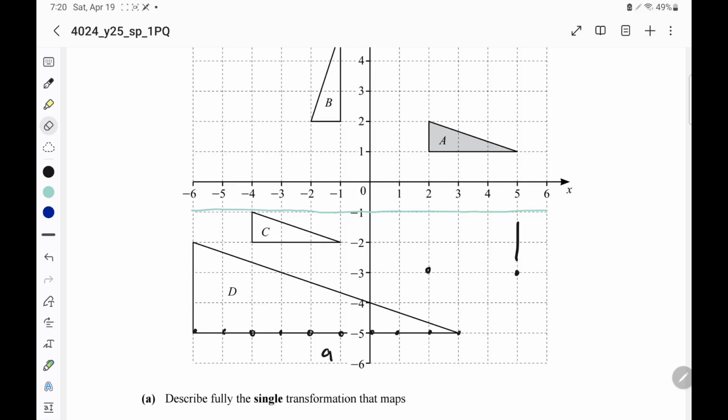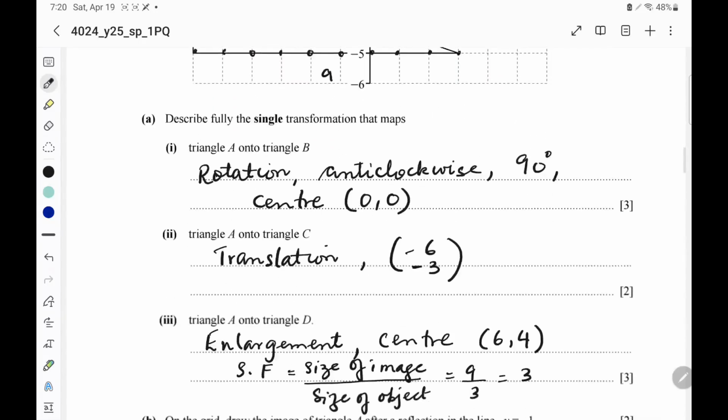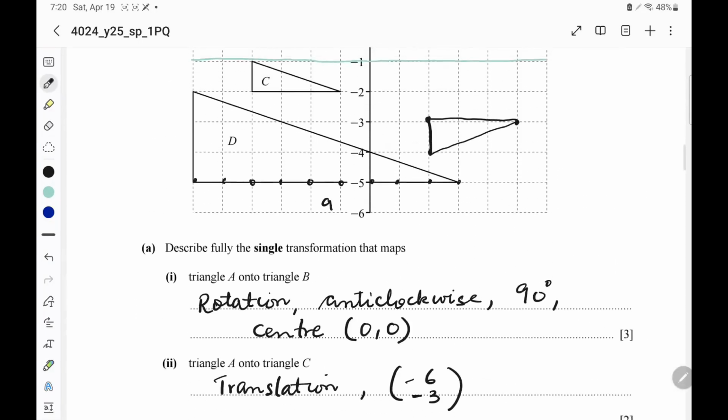Now the third one is the point which is at the top: 1, 2, 3 boxes, 1, 2, 3 boxes. In reflection, whenever you join the corresponding points, they will make parallel lines, but the diagrams flip. In translation, the diagrams don't flip. Okay, so this is the answer for part B.